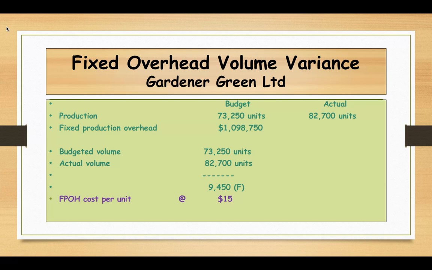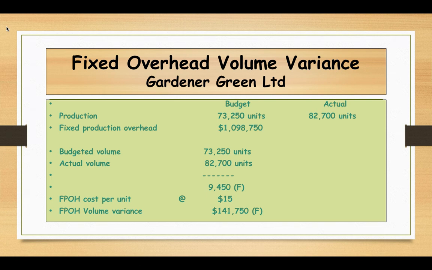So our fixed production overhead cost per unit is $15. So our fixed production volume variance is 9,450 times the $15. So we get $141,750 favorable.